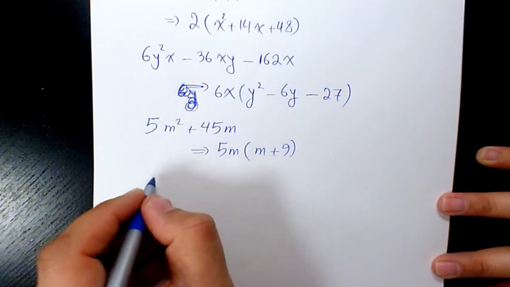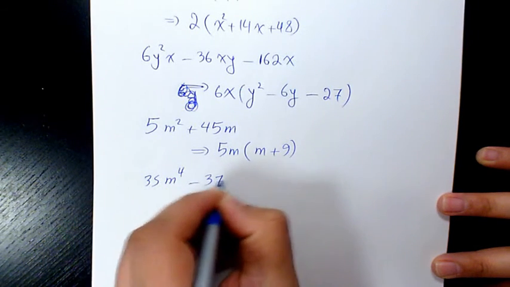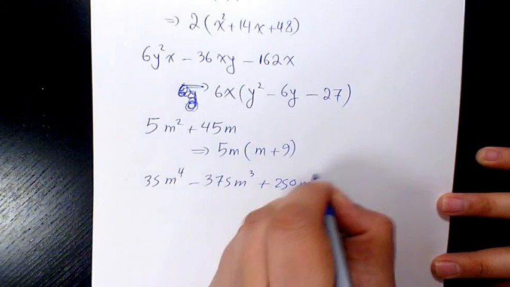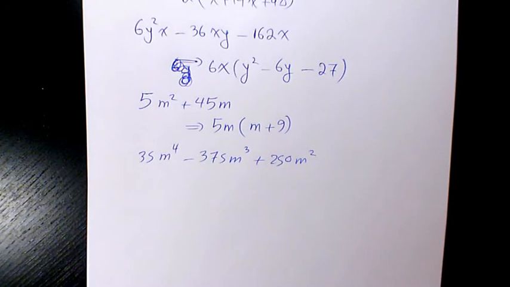Next one is 35m to the power of 4 minus 375m cubed plus 250m squared. Let me just see if I can divide 375 by 5.